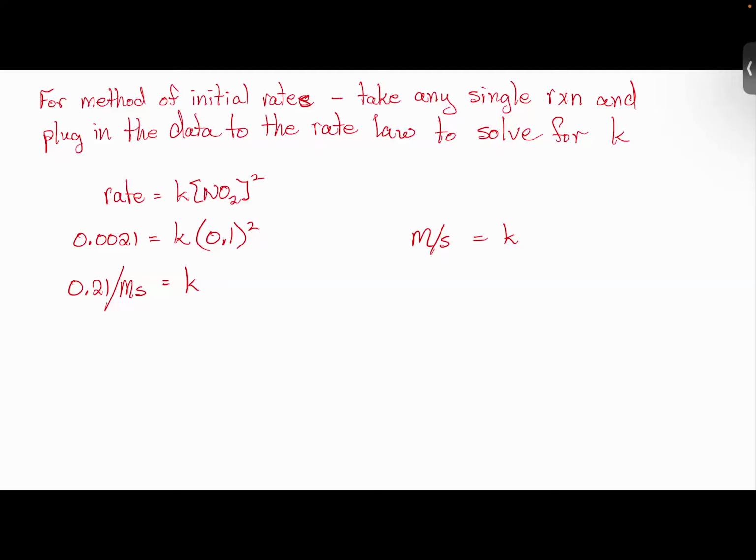And then we have the concentration squared, so molar squared. So we have molar per second divided by molar squared is equal to K. So our K comes out to be equal to molar to the -1, second to the -1, or in other words, those units are in the denominator.